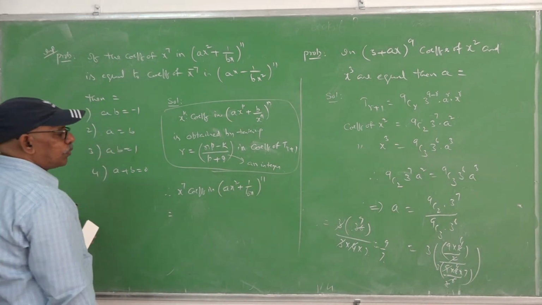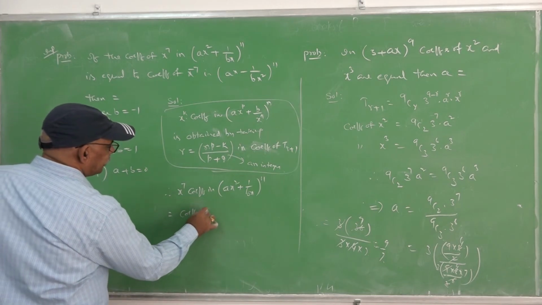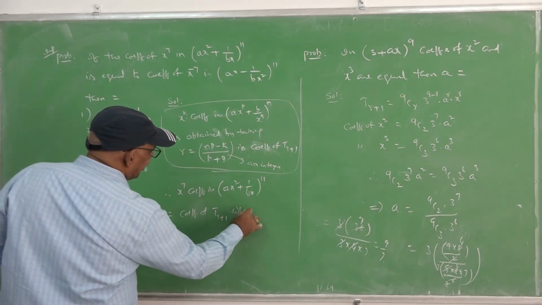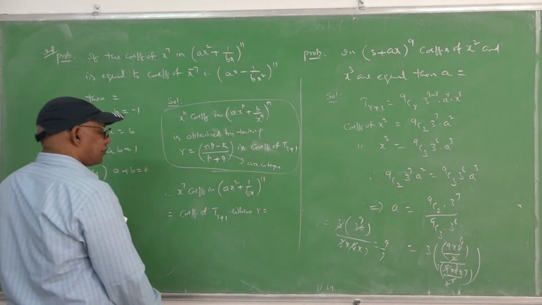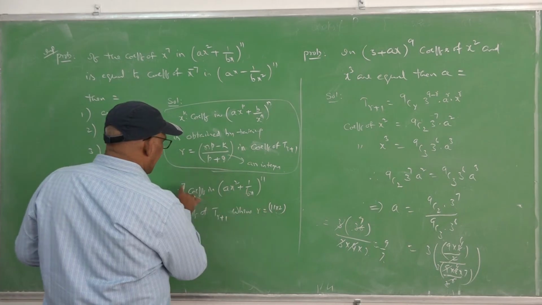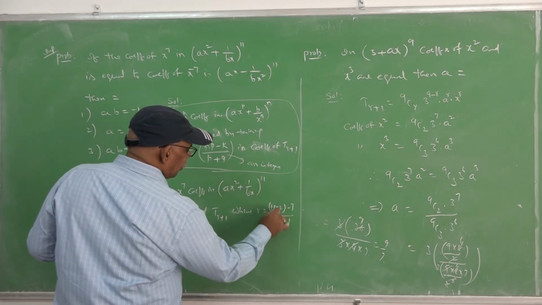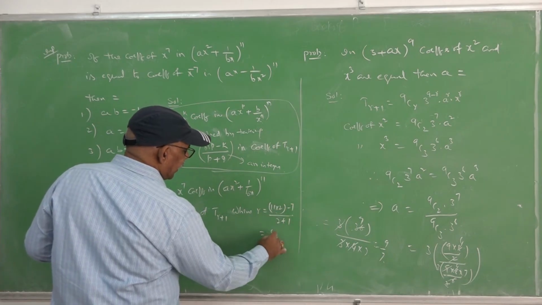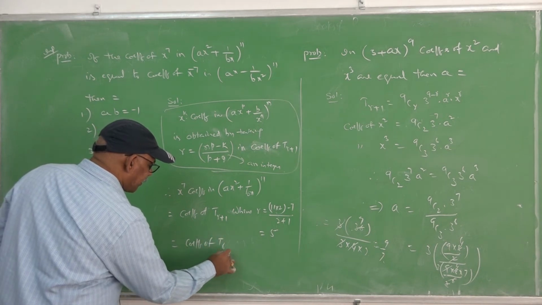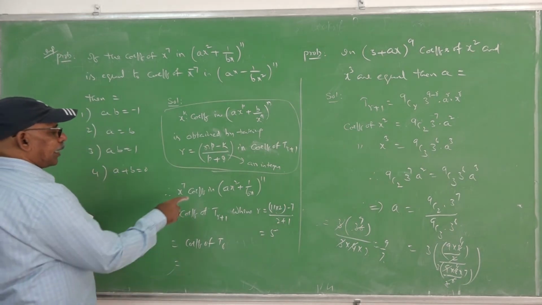X power 7 coefficient in this expansion is obtained by coefficient of t r plus 1, where r is obtained by (11 into 2 minus 7) by (2 plus 1). 22 minus 7, 15. 15 by 3, 5. That is coefficient of T6. Taking r equal to 5, we get the required coefficient.